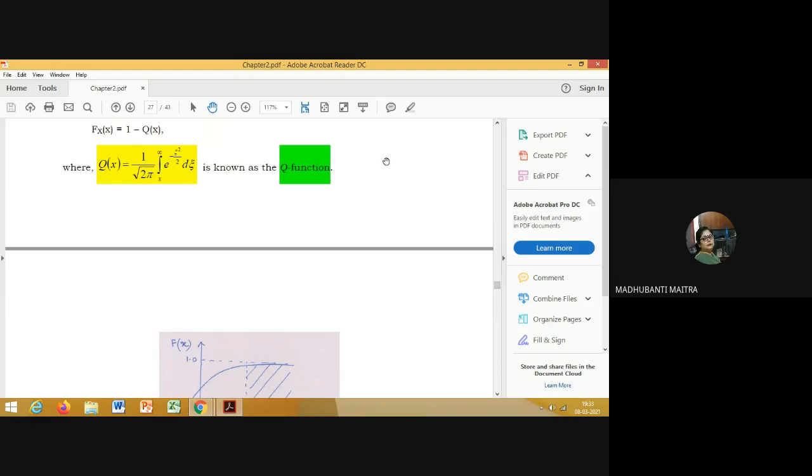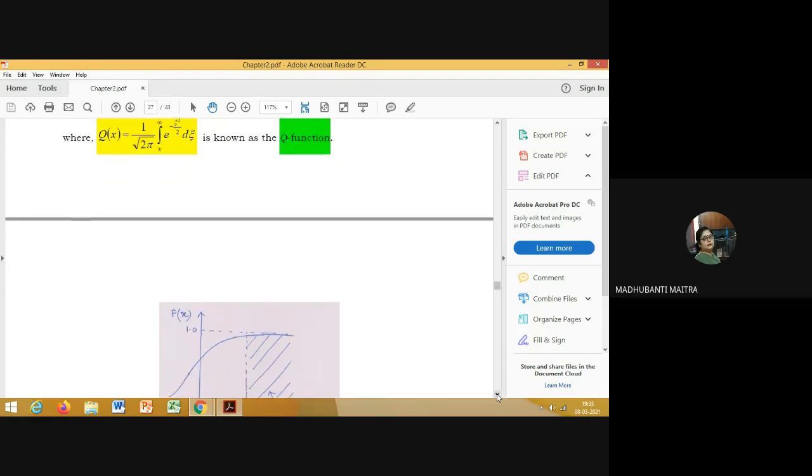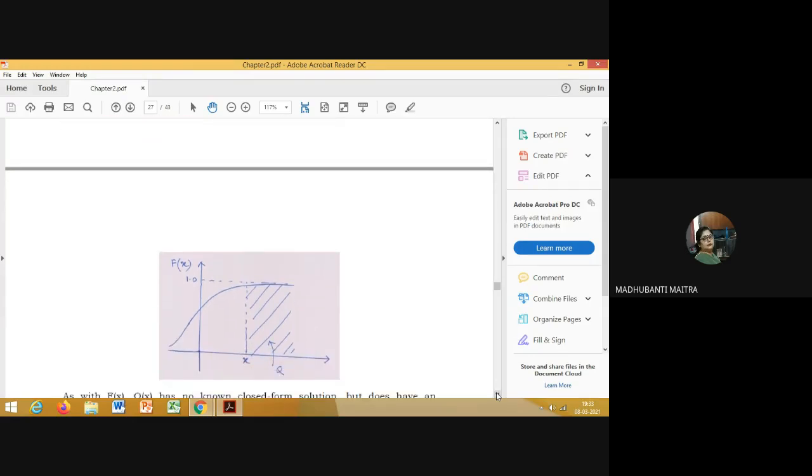So what is going to be the bit error rate for different types of digital modulation or digital communication schemes? You won't be able to understand what is meant by modulation right now. But for assessing the performance of different types of digital communication systems, this Q function is required. The Q function is very, very important, it's called the Gaussian integral, and it is used in different applications as well.